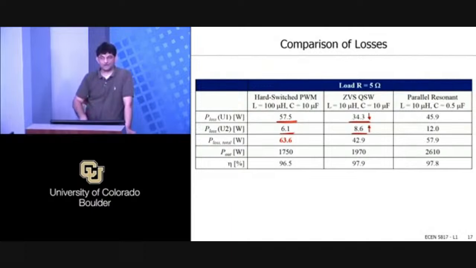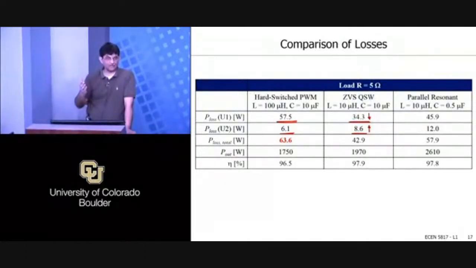Because you now have much higher ripple in the currents. So the RMS current going through that device for the same amount of average power delivered to the output is much higher. So your conduction losses went up. This is always going to be a trade-off and a challenge for you to see how much ripple you really want so that you maintain a minimum amount of RMS loss while reducing your switching loss, right?